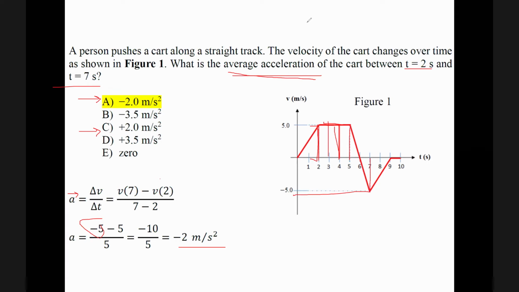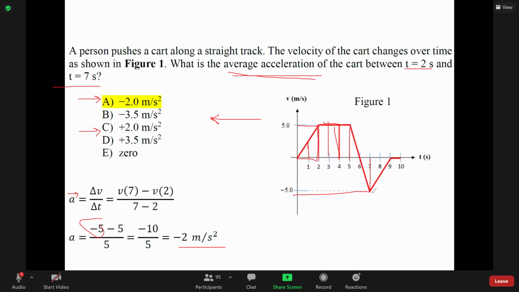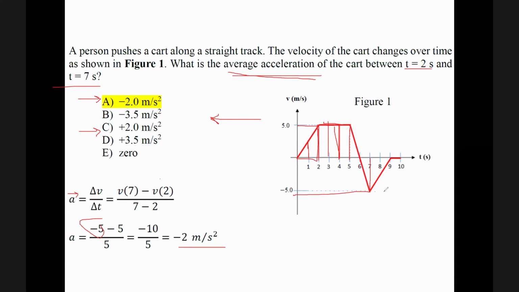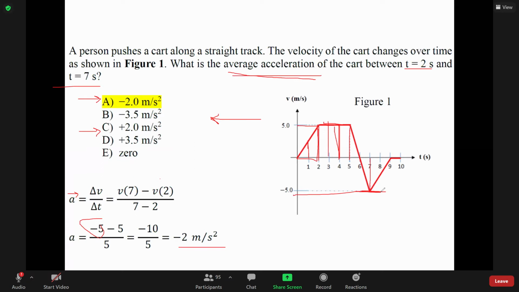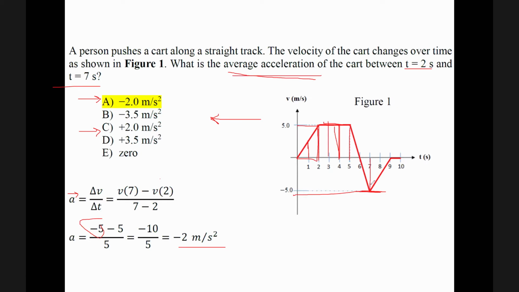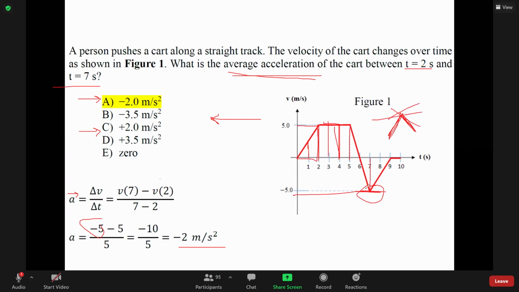What is the acceleration at 7? Your colleague is asking. For acceleration at 7, I need to take a tangent or slope here. Mathematicians will tell you that at sharp tops or sharp bottoms, you can draw many slopes. Here the acceleration is actually undefined. The committee made a mistake.